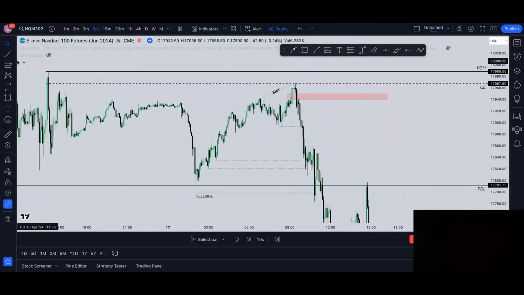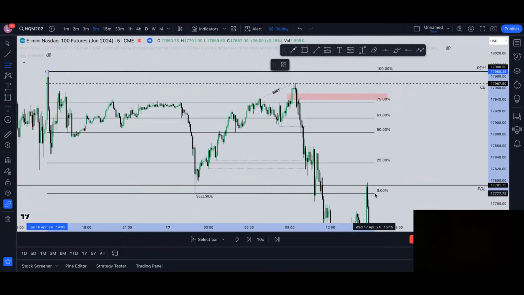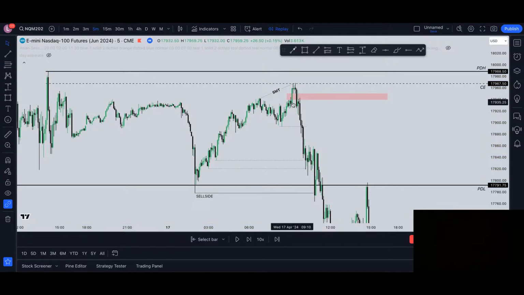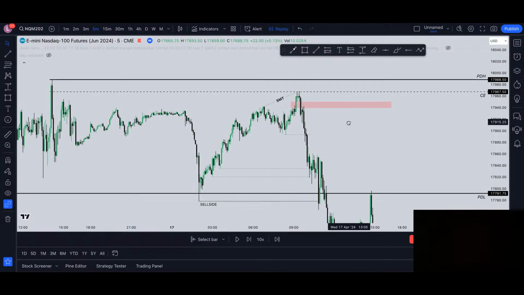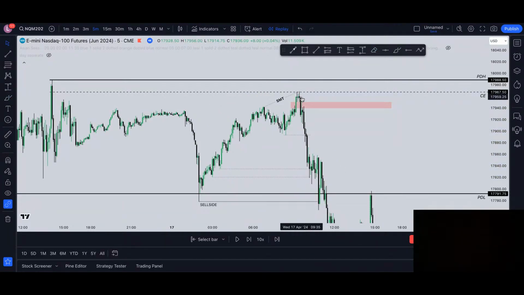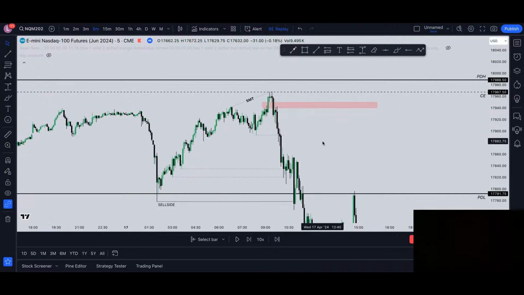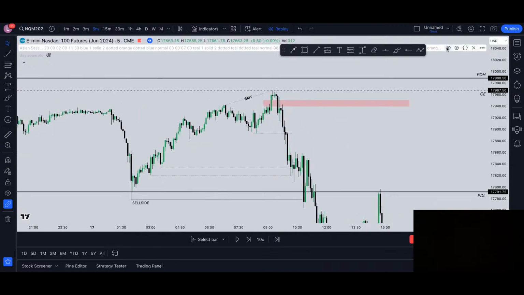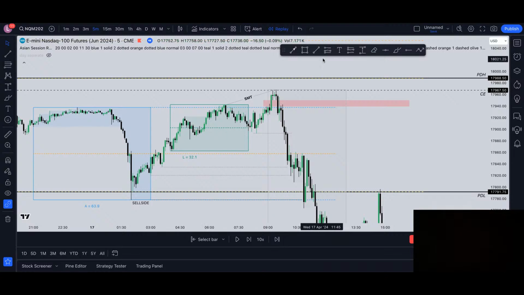So from this range we can already see price is in premium, and we have to short in premium, right? And we can clearly see this is buy side of the curve, sell side of the curve, smart money reversal, time of the day, and so on. So this was London lows, and at the end Asian lows over there.